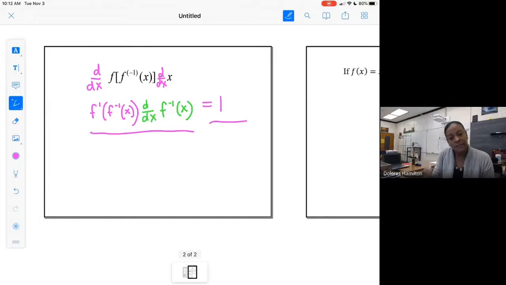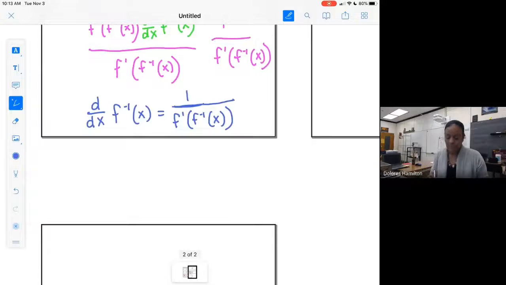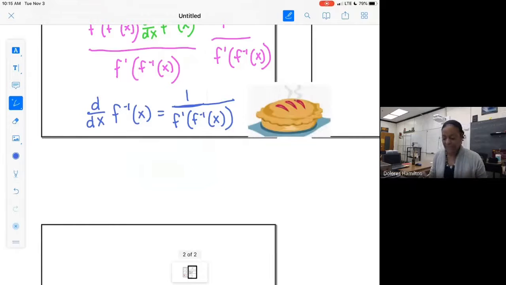So our next step is to divide both sides by pink. And that takes us to this step. Let's clean it up a little bit. And there's our formula, that the derivative of f inverse of x is 1 over f prime of f inverse of x. And I sometimes think about pi when I'm thinking about this notation.